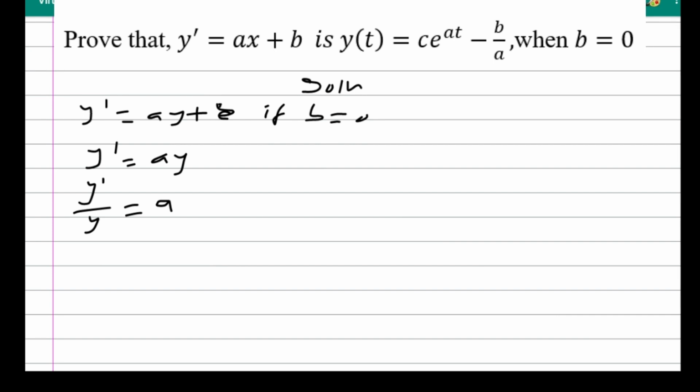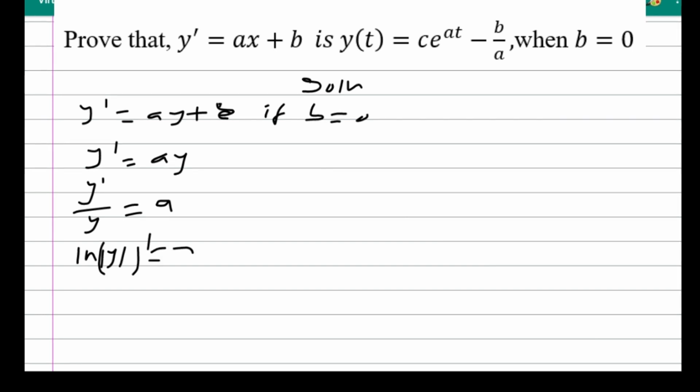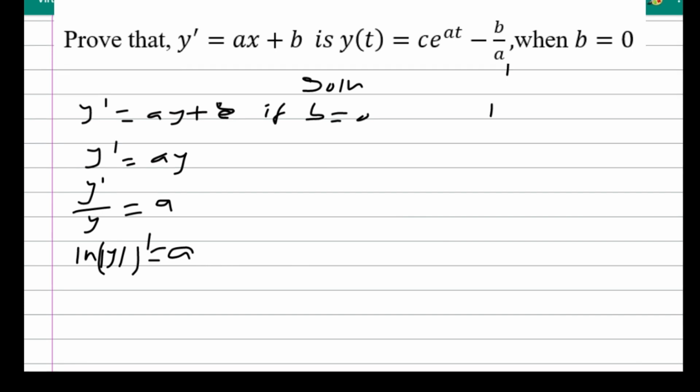Take the ln of the absolute value of y. I'll have this prime is equal to a. Why am I taking the prime? Remember, when I differentiate the ln of y, I'm going to get y prime over y. Example, let's say we know that the derivative of ln of x is equal to 1 over x.